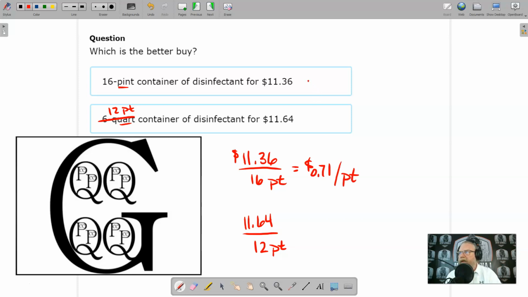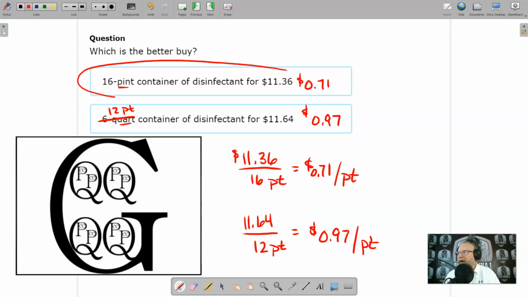On the second one, we're going to do 11.64 and divide it by 12, and we're going to get 0.97, 97 cents per pint. So it appears that our first choice is going to be the correct choice, the cheaper one.